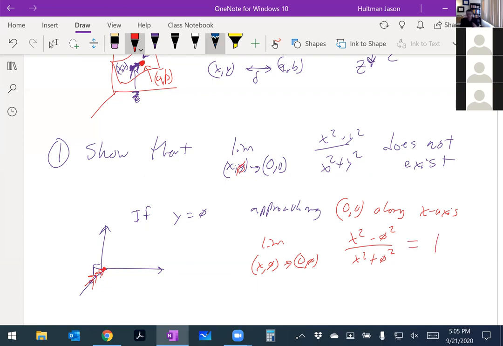The limit of that value is going to be 1. So the z value is 1. So I'm really approaching it like this. It's kind of hard to draw. It doesn't matter where I'm at, but I'm approaching this thing, and I'm going to hit f of xy equals 1 if I approach it along the x-axis.